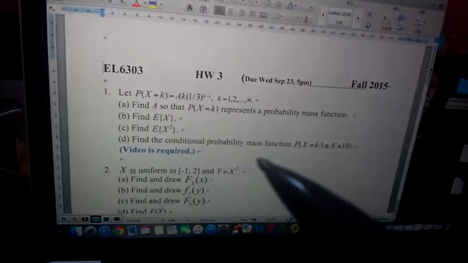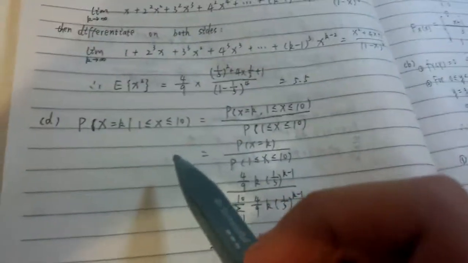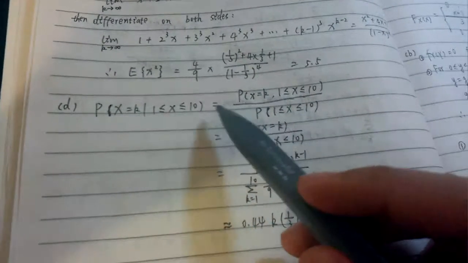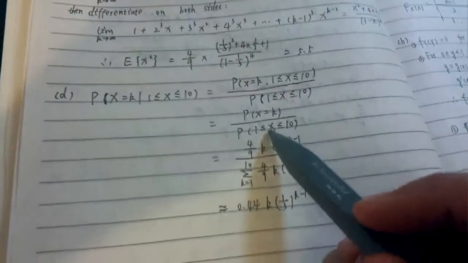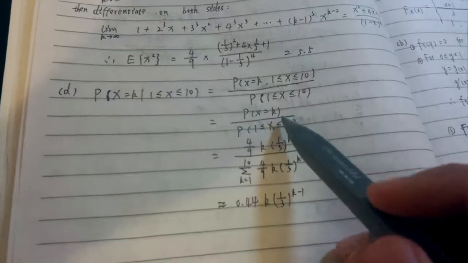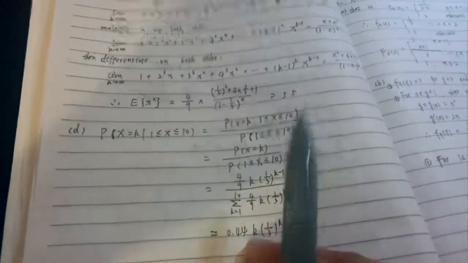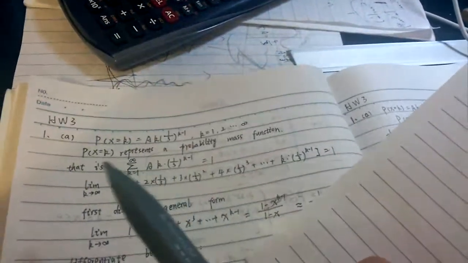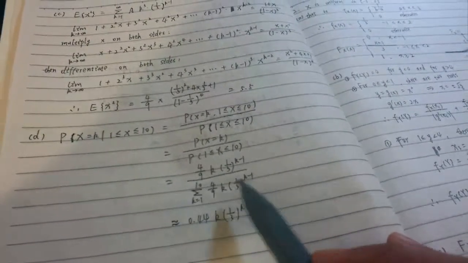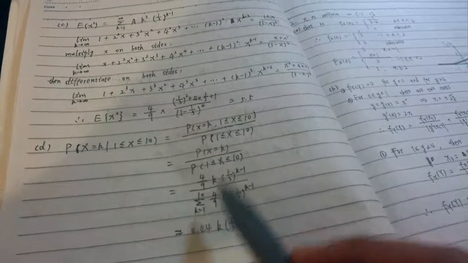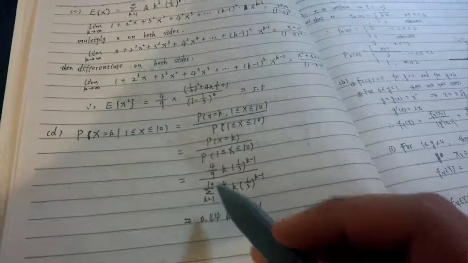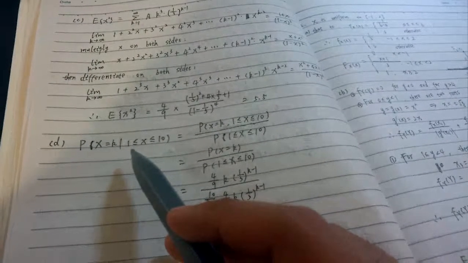And the last part is to find the conditional probability mass function. According to the conditional probability we can get this equation, and this one is equal to the probability X equal to k, and we can get this one. From that equation we can take this one into it, and this one is the sum over x from 1 to 10.